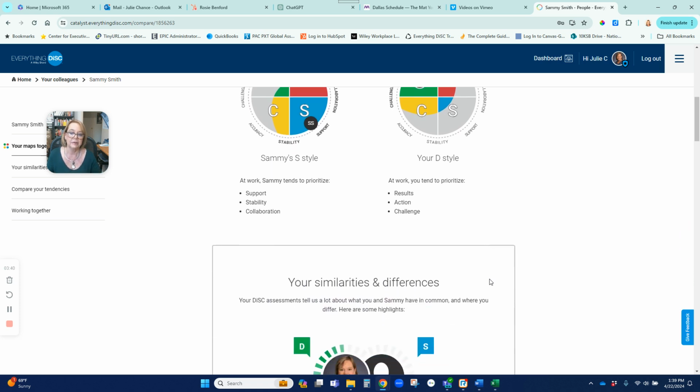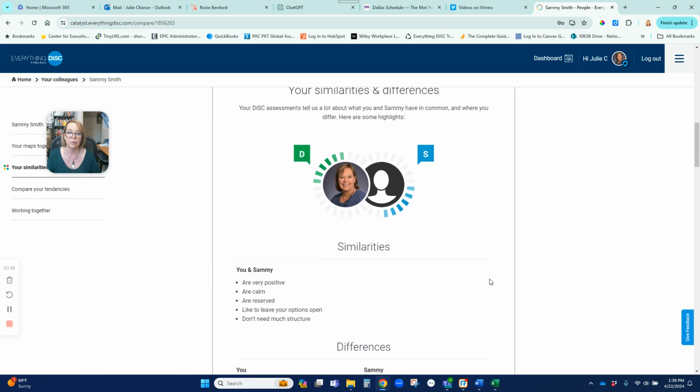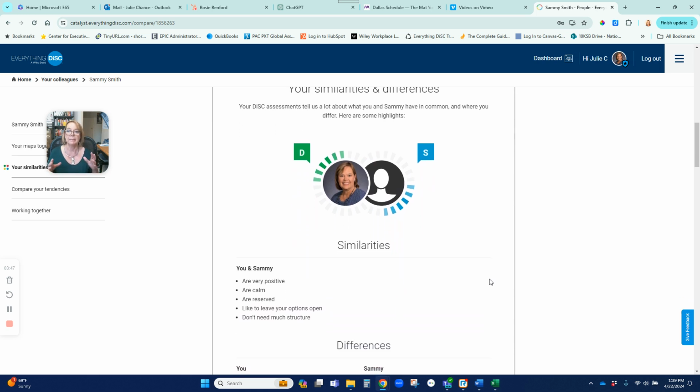Then we go down to similarities and differences, one of the areas I really like people to explore together, especially the similarities, because we trust people who are similar to us. When personalities are as different as Sammy's and mine, it often feels like we don't have anything in common.